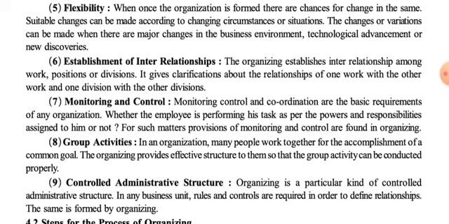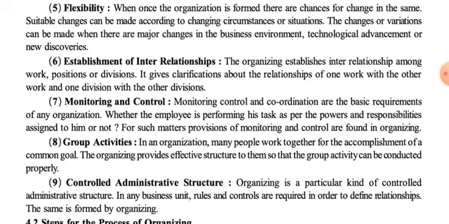So next one is: monitoring, control and coordination are the basic requirements of any organization. Like this statement, first of all, we have to monitor whether the activities are going as per the planning or not. And coordination means the different tasks or different activities should be connected in such a way that they will be helpful to each other, and that is the basic requirement of any organization.